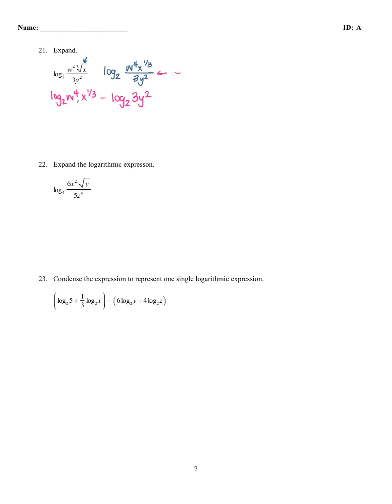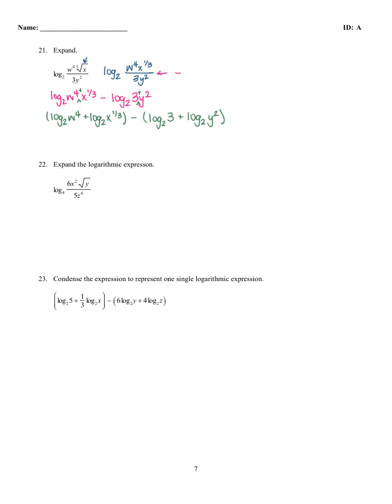You have multiplication between the w to the 4th and the x to the 1/3. You also have multiplication between the 3 and the y squared. So you're going to separate using addition. So you're going to have log 2 of w to the 4th plus log 2 of x to the 1/3 power subtracted with log 2 of 3 plus log 2 of y squared.